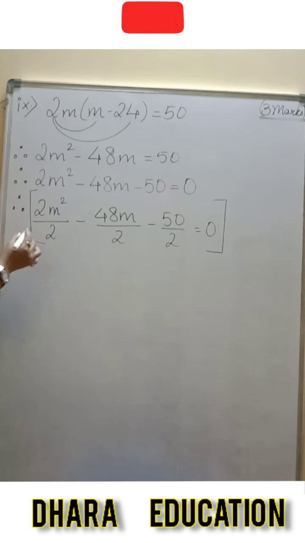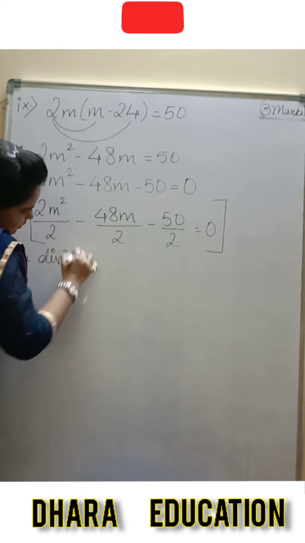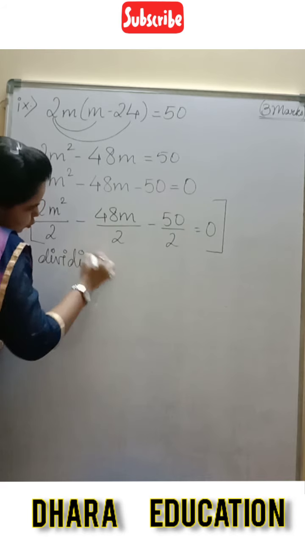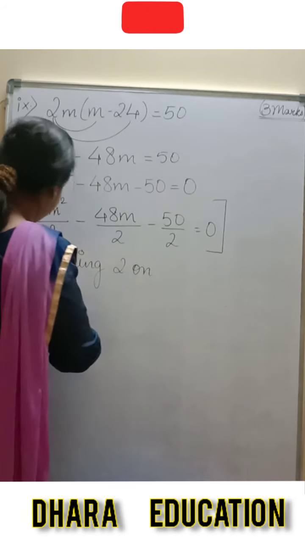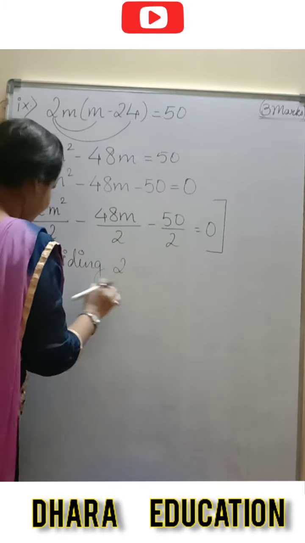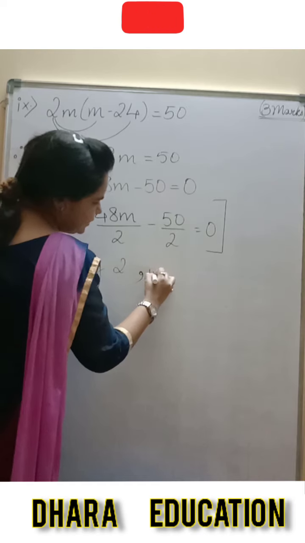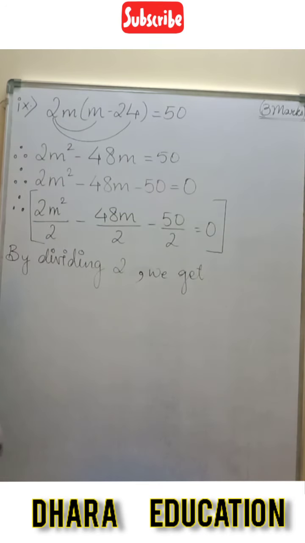Okay, so just you need to write here, by dividing by 2 on both the sides, we get, so what are we going to get? 2 cancels.